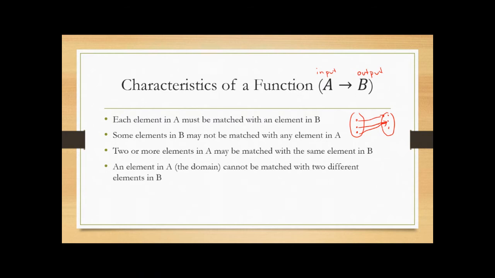These characteristics could be helpful when you try to determine whether something is a function, because you can think of them as check boxes. If you can check off each of these characteristics, then you know what you have is a function. But it all goes back to this: you have inputs and they can only go to one output. That's the basic rule, and these are just consequences of that rule.